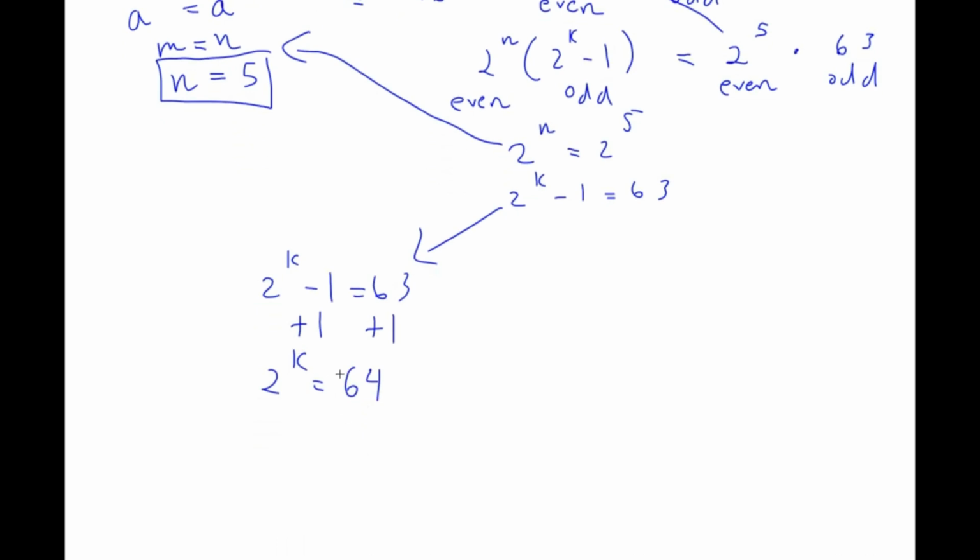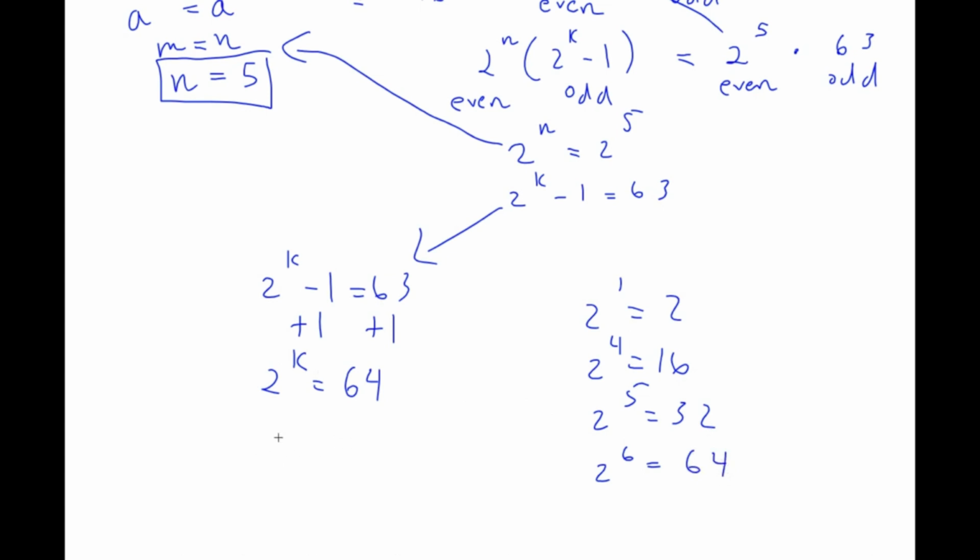Now we need to find out 2 to the power of what is equal to 64. Now we know that 2 to the power of 1 is equal to 2. And if we go a little farther, 2 to the power of 4, this is equal to 16. 2 to the power of 5, this is equal to 32. So one more should do the trick. 2 to the power of 6, this is equal to 32 times 2, which is 64.